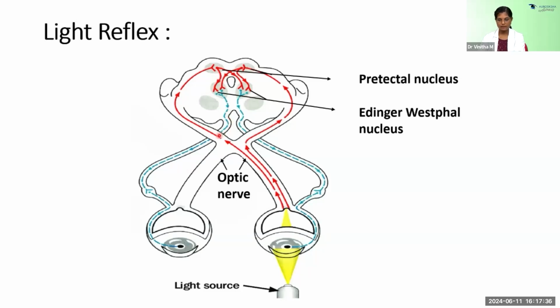The efferent fibers are carried through the oculomotor nerve, which is the third cranial nerve, and relay in the ciliary ganglion, ultimately reaching the sphincter pupillae muscle, where constriction of the pupil occurs on both sides. The constriction of the pupil on which the light is shone is known as the direct reflex. That of the other is known as the indirect or consensual reflex.